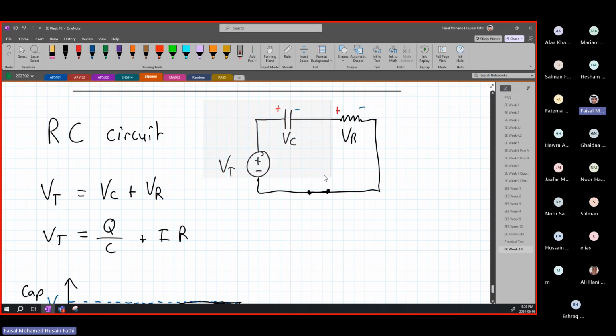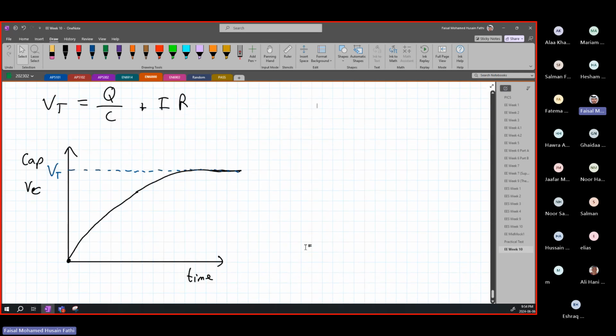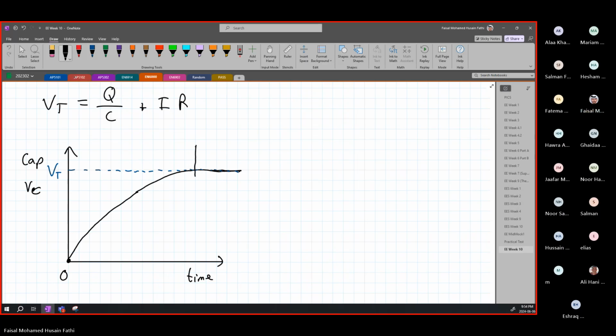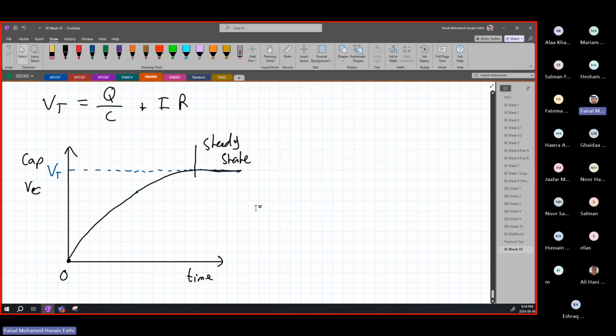This happens very quickly in real case scenarios. Usually the time given is going to be very short. Okay? So in this time, it starts from time zero, until it reaches something known as the steady state, and you will see a lot of this later on in your future years in engineering. This is known as your steady state region.